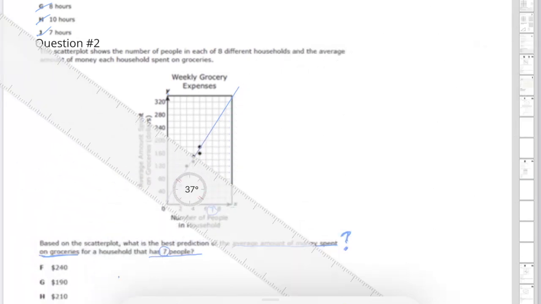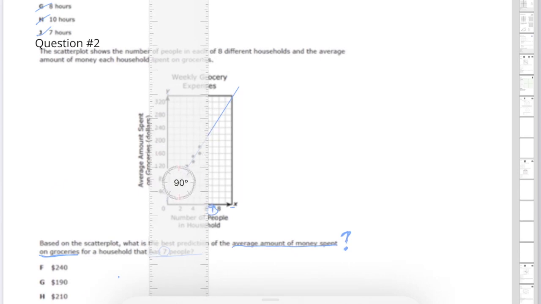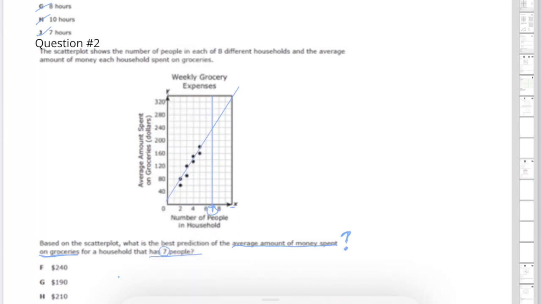So now that I have 7 people circled, I'm going to go ahead and draw my line that matches up with the trend line. I'm going to use my straight edge again so that it is completely straight. So I have my trend line, and I see that about right here is where they are meeting.